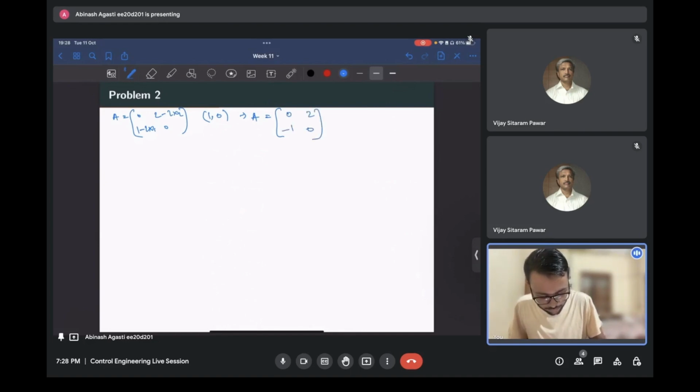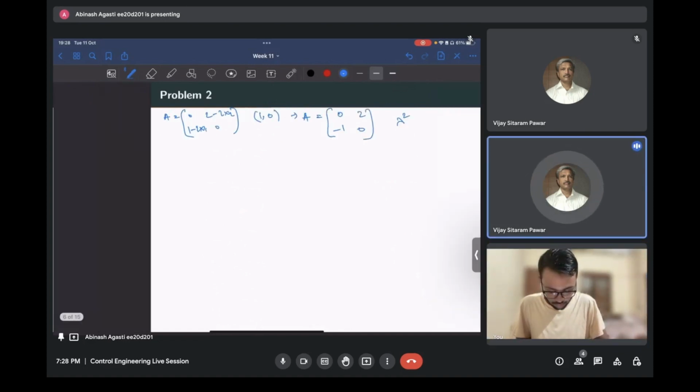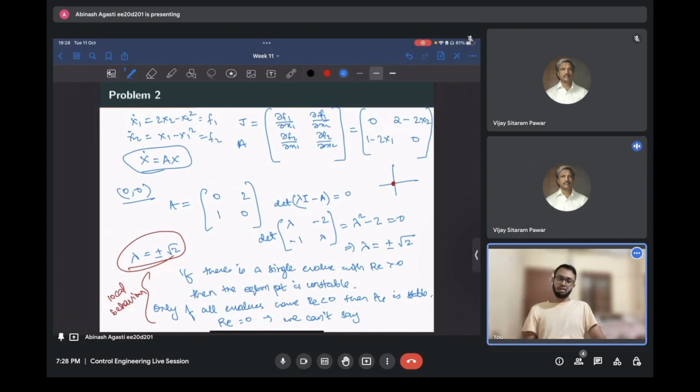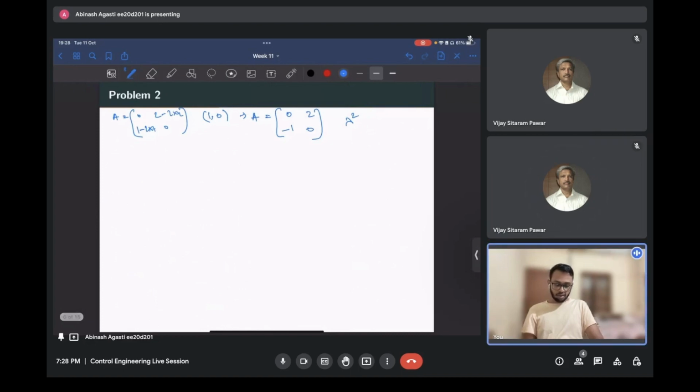Now here the equation for eigenvalue, so lambda square, here we'll have lambda square plus 2 equal to 0. So that will give me lambda equal to plus minus j root 2. Now here see that all the lambdas have real part 0. So here we cannot say anything about the stability of the system. This is like a flaw of linearization. We just can't say anything about it.